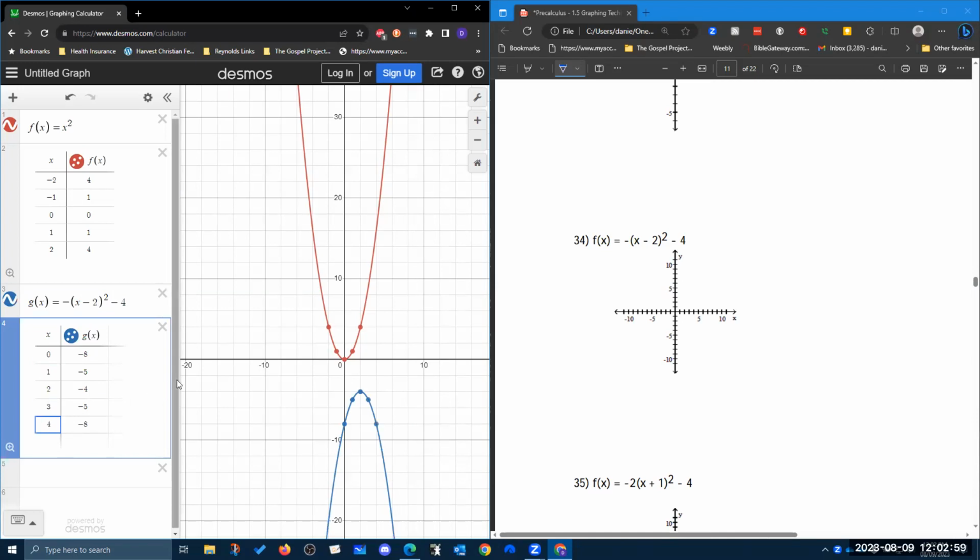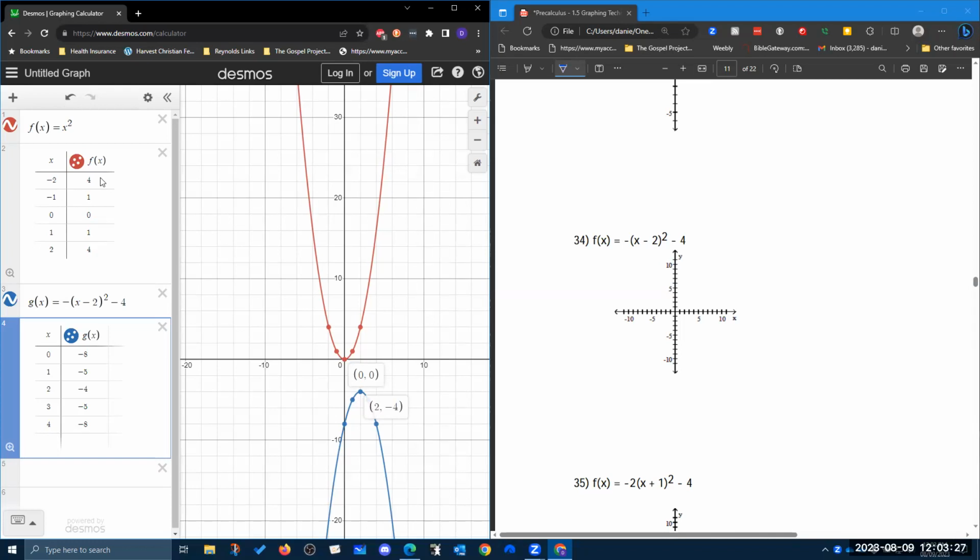So we'll go ahead and do that so we can see what's happened with the points. And the vertex that was at 0, 0 was shifted to +2, -4. And we multiplied all of these changes over here by a -1 before we shifted them down 4.